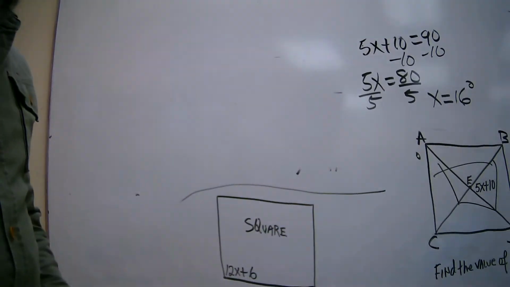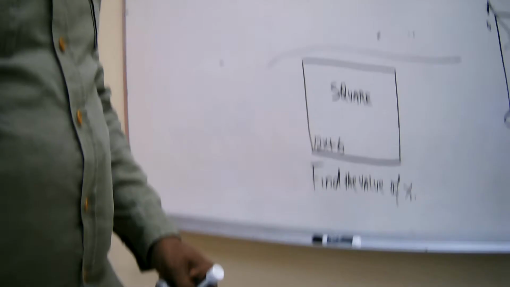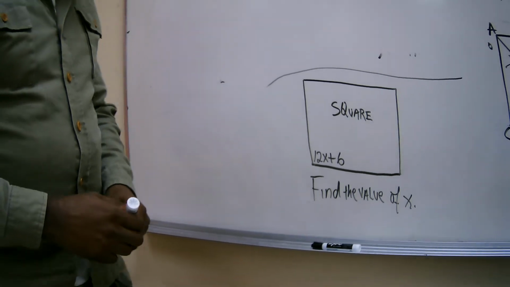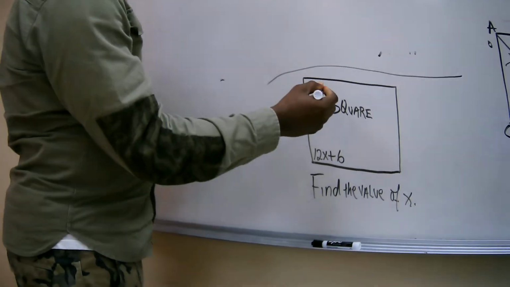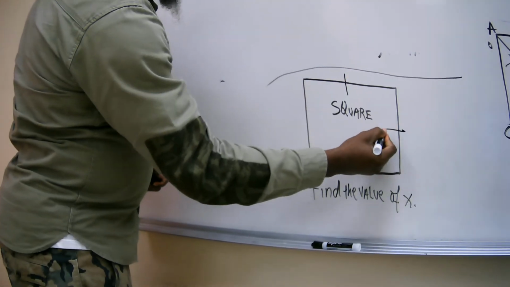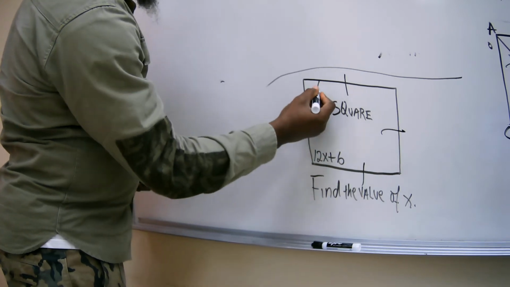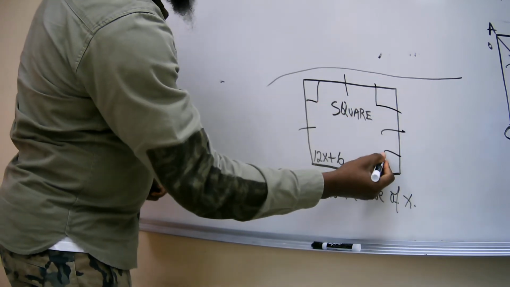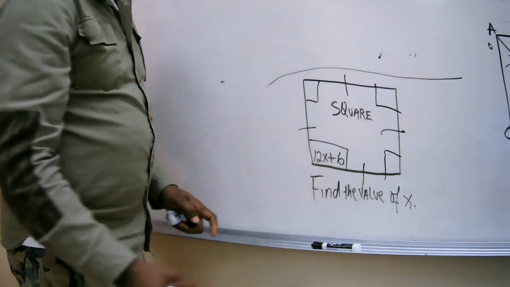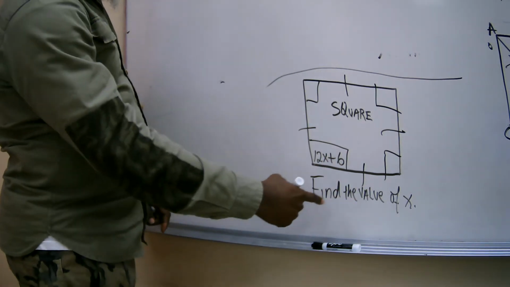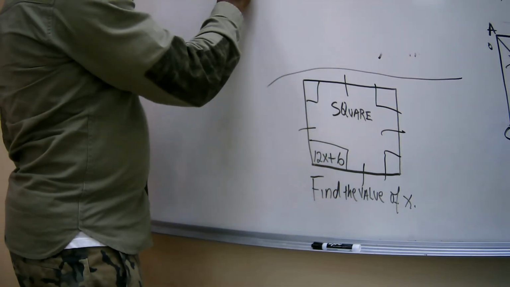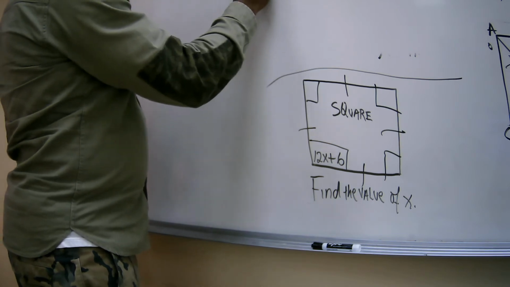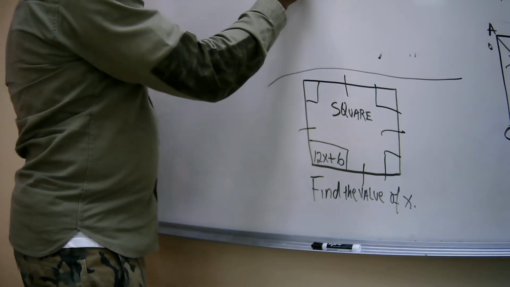You're dealing with a square again. Alright, as you know, a square is equilateral and it is also equiangular, that's four right angles. In this case, this expression has to be equal to 90 degrees. Then you'll be able to find x. 12x plus 6 is equal to 90.